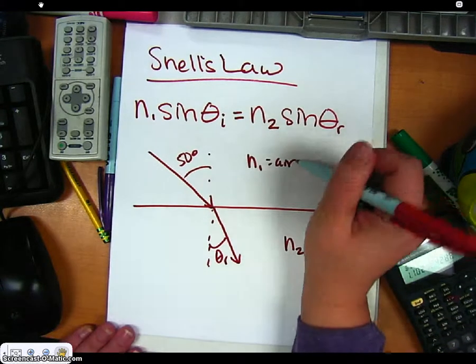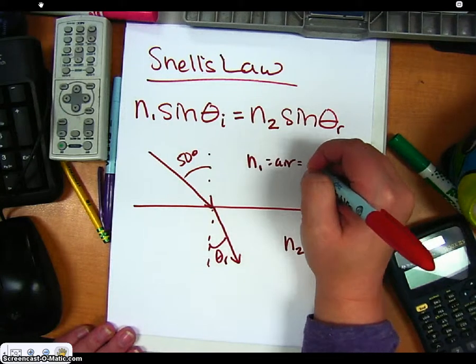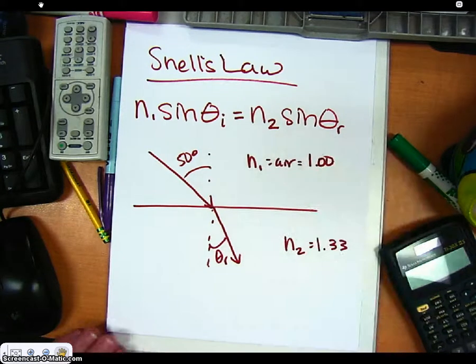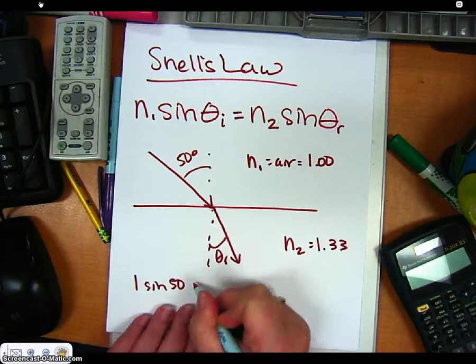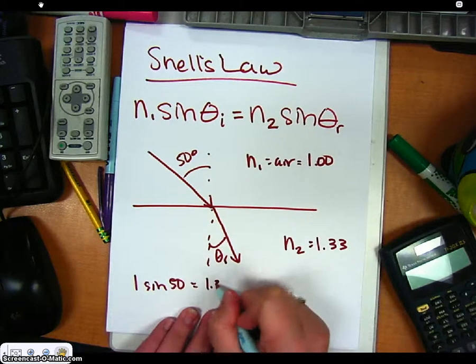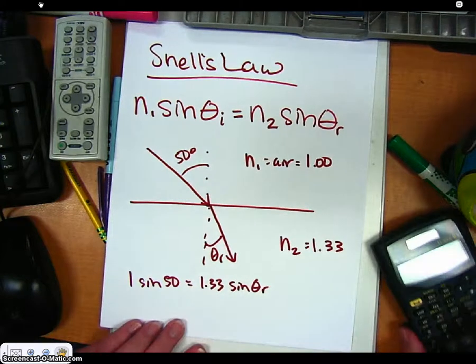So air, remember, the speed of light moves the same in air as it does in a vacuum, so its index of refraction is 1. So we're going to take 1 times the sine of 50 is equal to 1.33 times the sine of our refracted angle. Right?